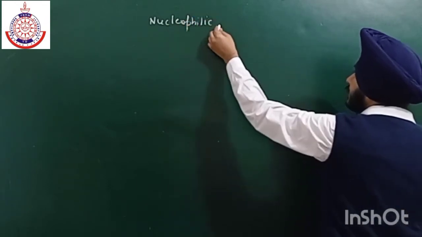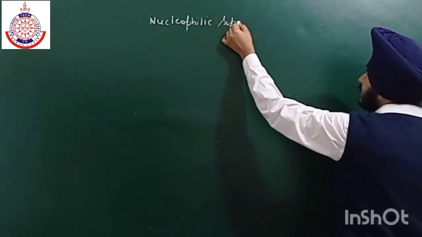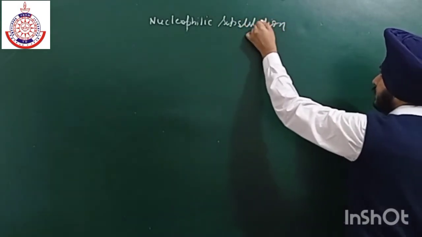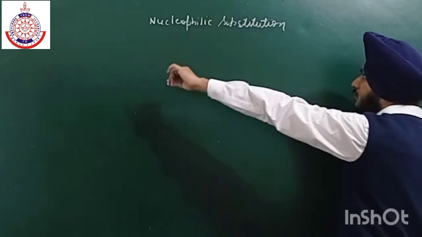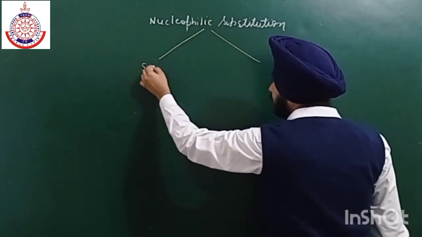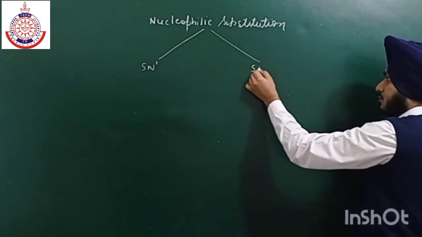Okay, so in nucleophilic substitution reaction, as the name itself suggests, there is a substitution of a nucleophile by another nucleophile. Nucleophilic substitution is of two types, that is SN1 and SN2.